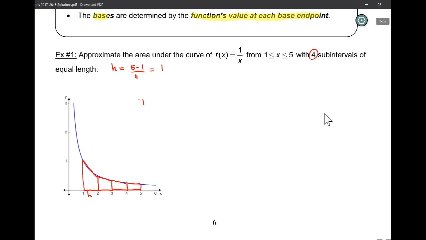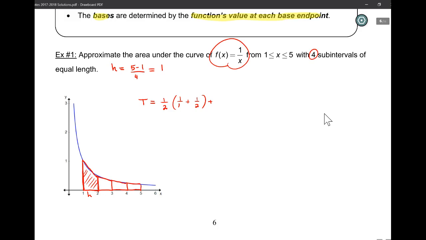Okay, so my trapezoidal approximation, the first one: we have h over 2, so 1 over 2, and then base 1, so I'm going to plug in 1, so that's going to be, actually let me use parentheses, (1 over 1 plus 1 over 2). I'm just plugging in 1 and 2 into the function 1 over x. So that's going to be the area of this first trapezoid.